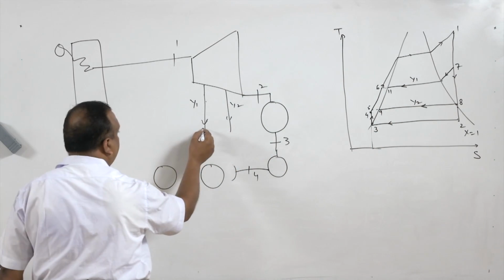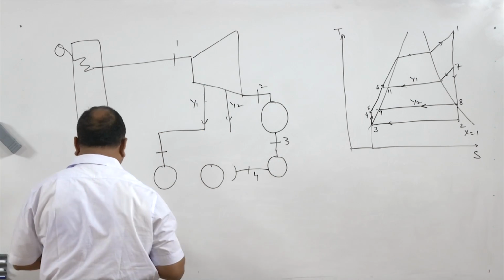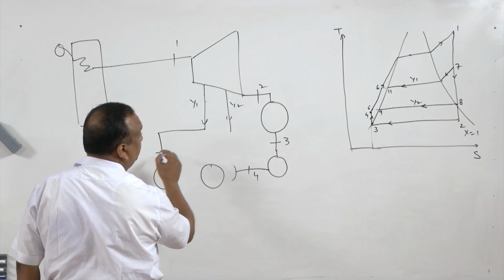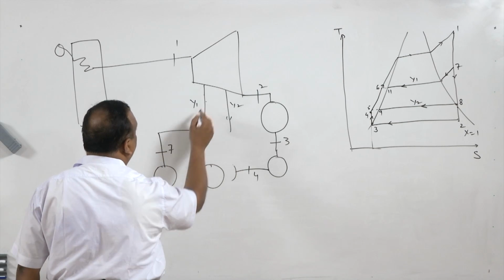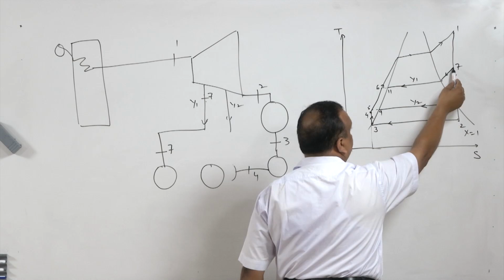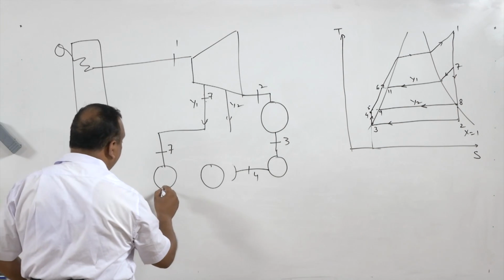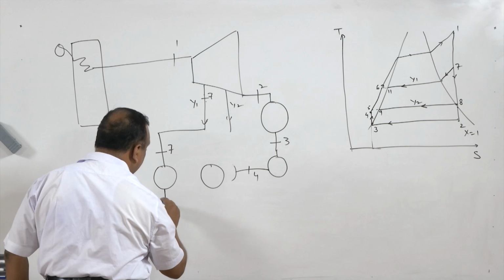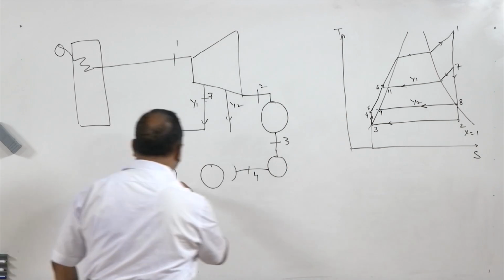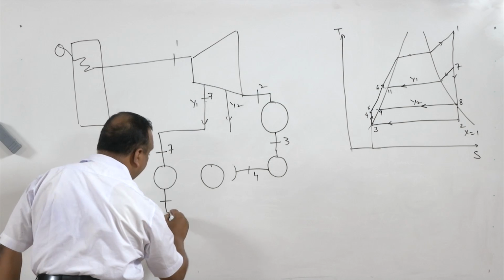The first feed water heater uses Y1 fraction of steam, and Y1 fraction of steam is entering at state 7, and it is leaving the feed water heater at state 11.